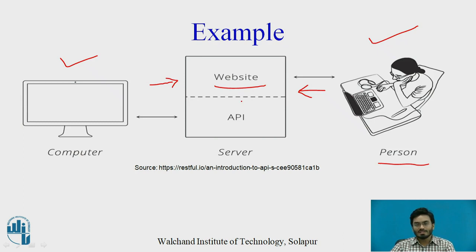Now, for instance, let us say that this website is asking for a login. Just imagine that you're trying to access the Gmail portal of your own username. Then probably you are first of all prompted to enter your credentials, like username and password. Whenever you enter the username and password, what happens in the backend is that the particular URL, the so-called uniform resource locator, is going to contain the API.